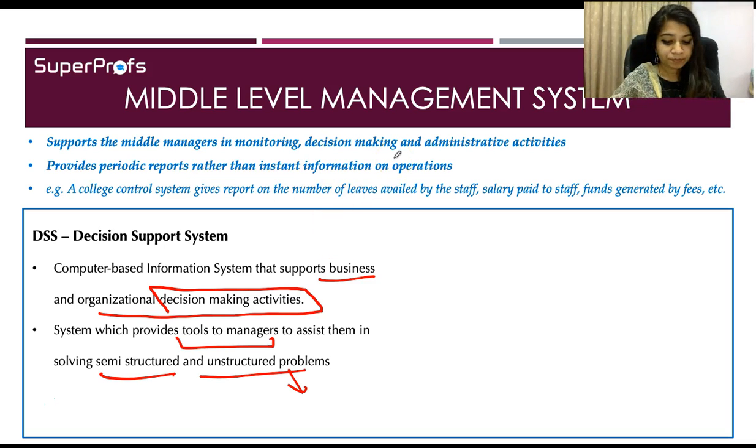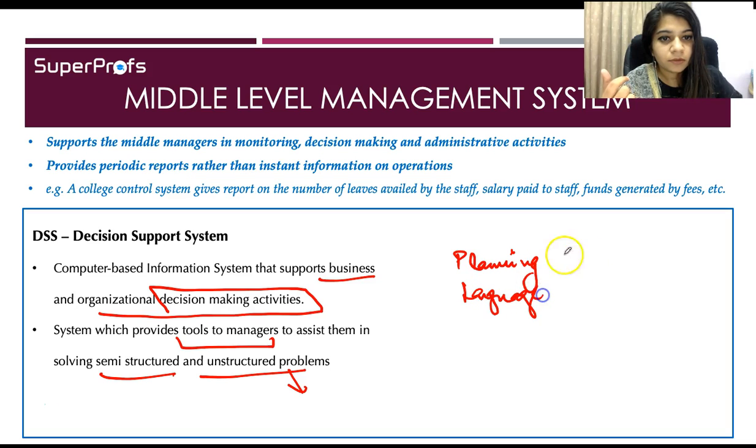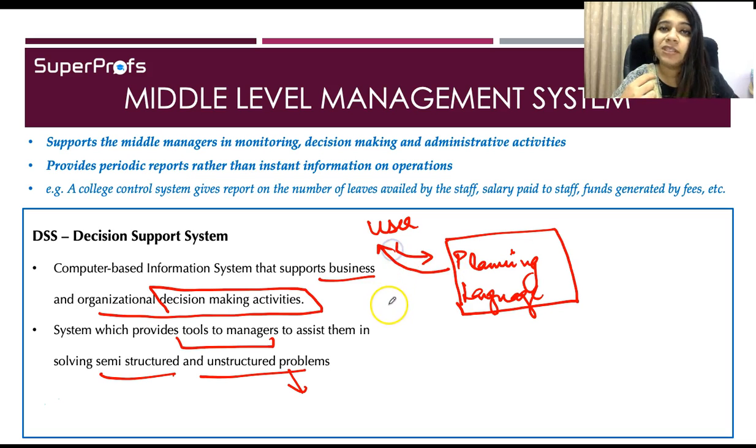Your DSS system would have different components. First of all, there is a planning language, and the user interacts with this planning language. This planning language would in turn be connected with two databases.